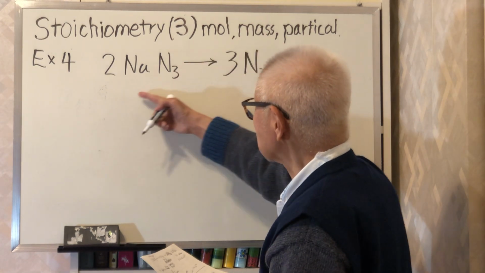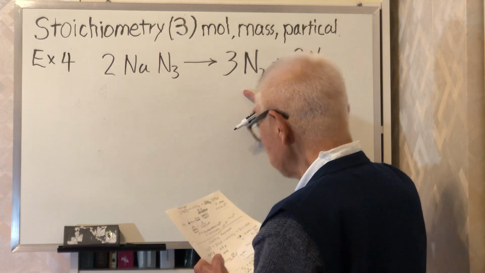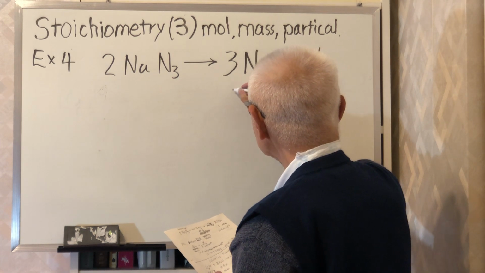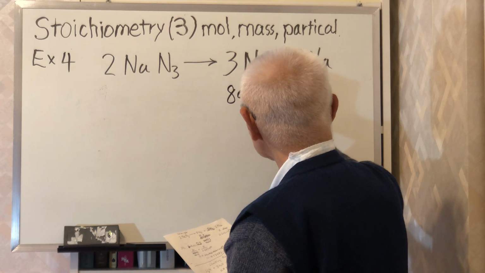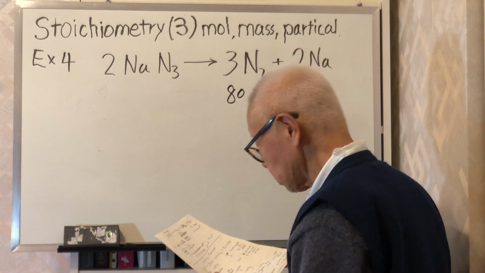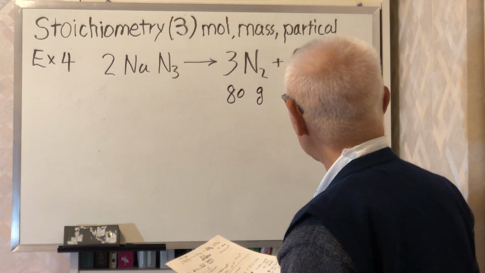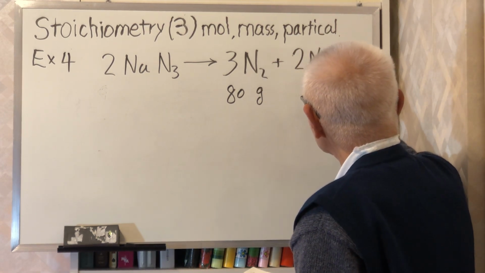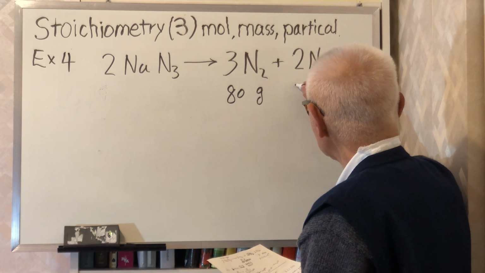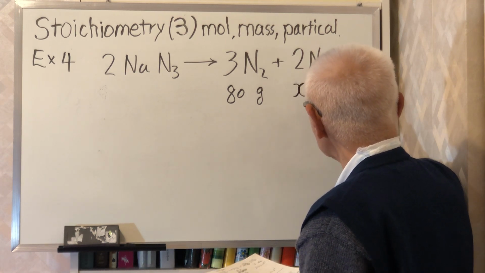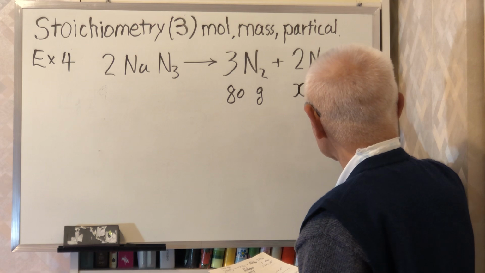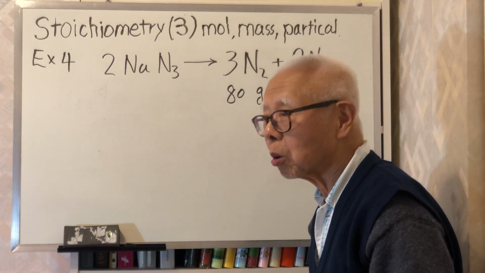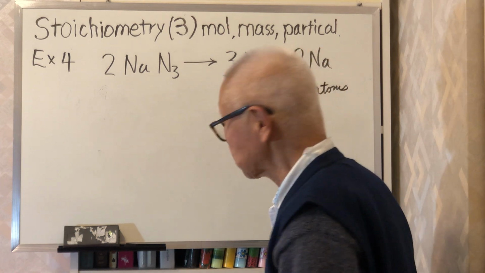This thing decomposes and produces 80 grams of nitrogen. And how many atoms of sodium is produced? So this is the number of atoms. Number of atoms I don't know. I want to find it.